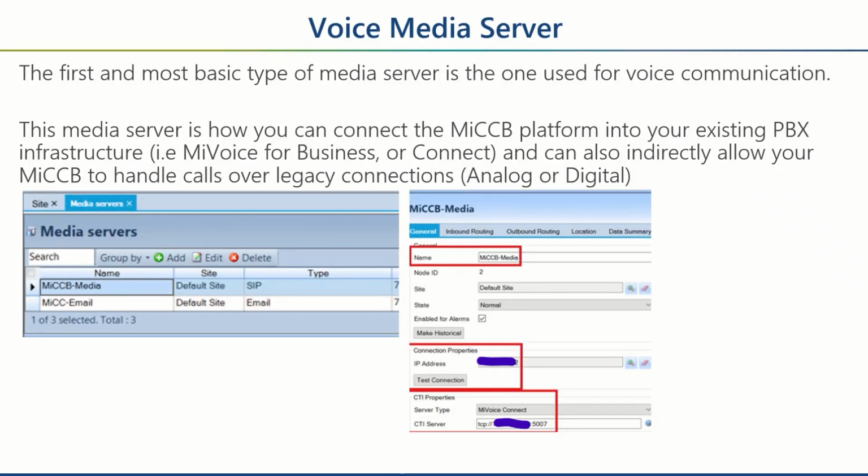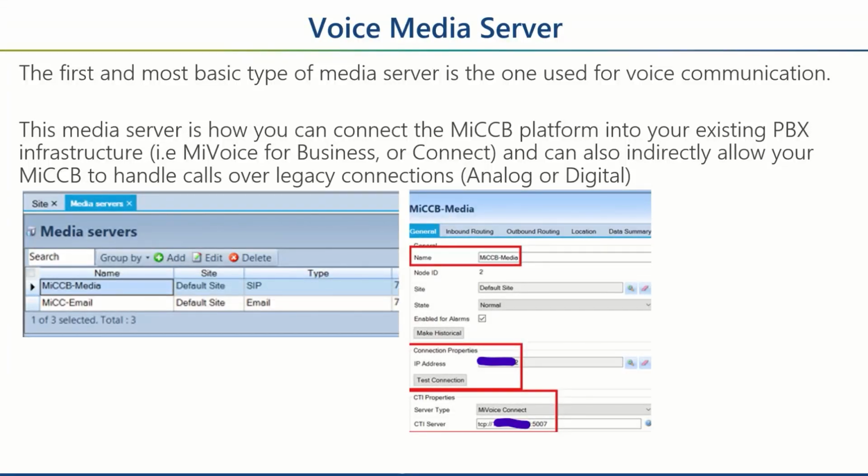When it comes to the creation of a media server, pretty standard networking details are all that you will need. You simply need to create a name for the media server and then add IP addresses where appropriate to allow for that connection to be established and set up.